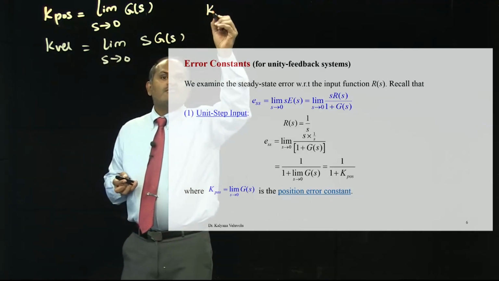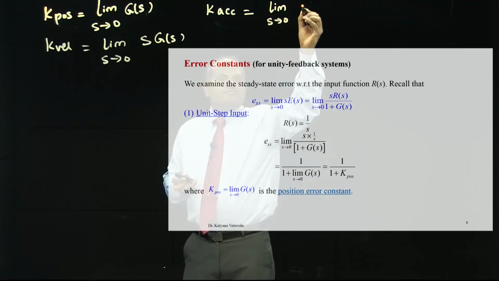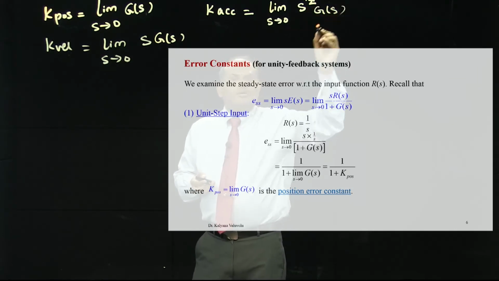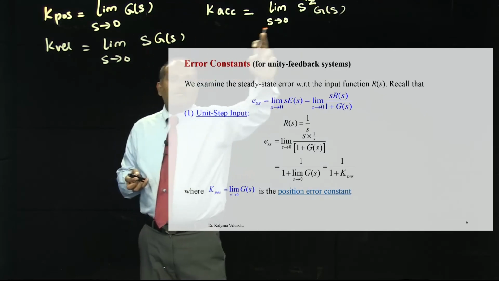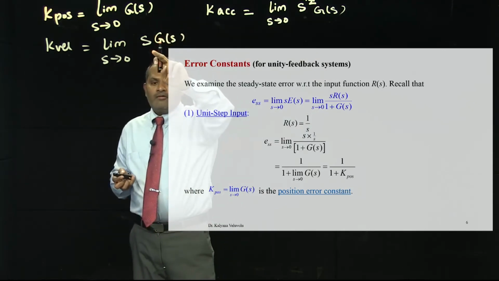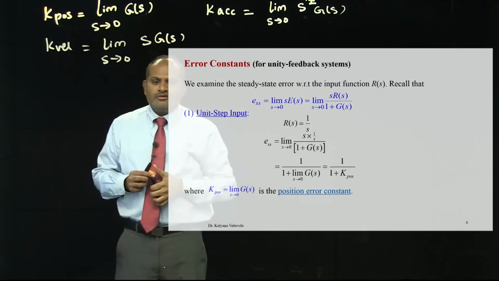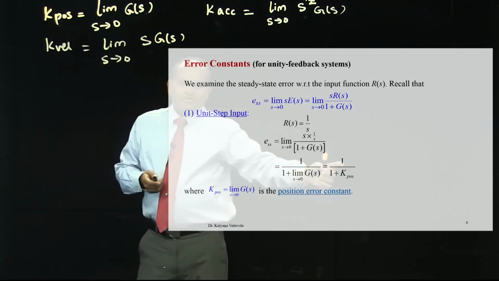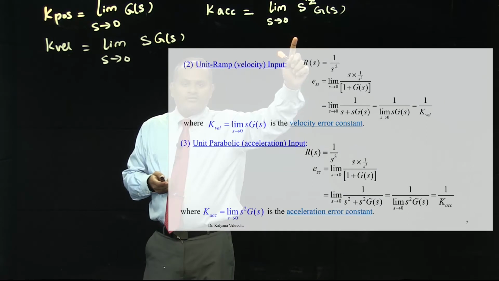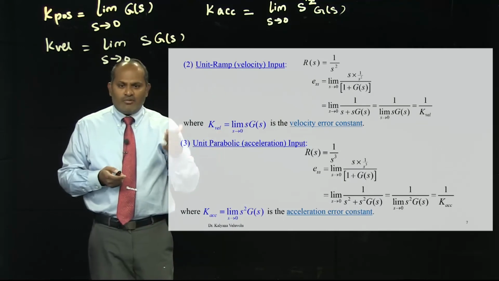In the same way, k acceleration is limit s tends to 0, s square g of s. One s is differentiation, s square is two differentiations, which is acceleration. Position, velocity, acceleration. If you understand the definition, it is very easy to remember the error constants. The actual error is 1 by 1 plus k position, the actual error for velocity is 1 by k velocity, and the actual error for acceleration is 1 by k acceleration. In this way we can easily formulate the error constants.